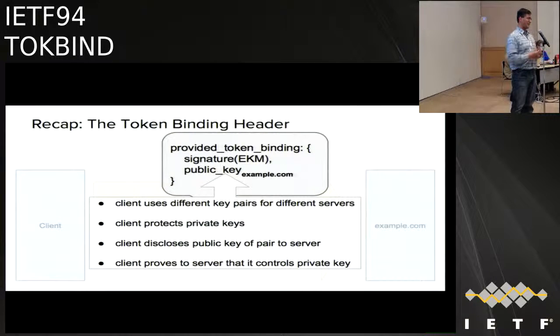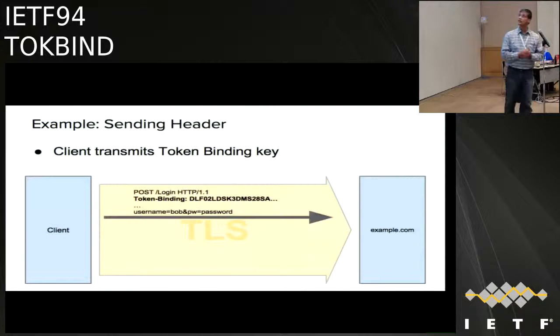Obviously, we want to keep our private keys safe so that nobody else can use them. The client discloses the public key to the server, and then it proves to the server by signing a secret. In this case, it's the EKM, the exported keying material in the TLS handshake. It proves to the server that it owns the private key. And the result is that the server can say, this is the client that is authorized to wield this particular token or cookie.